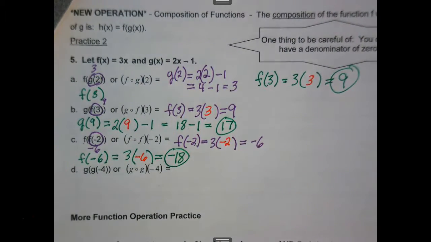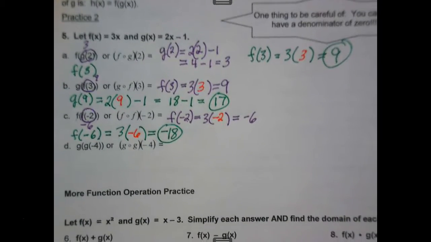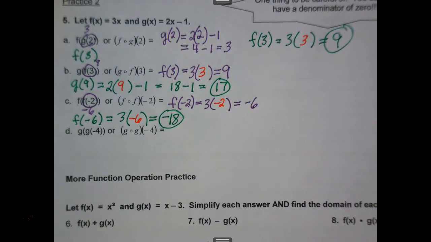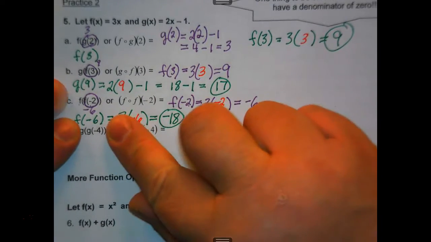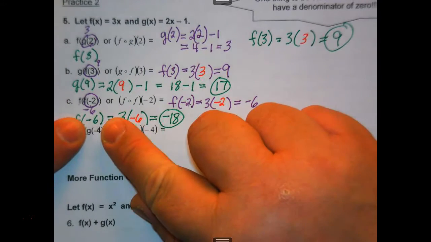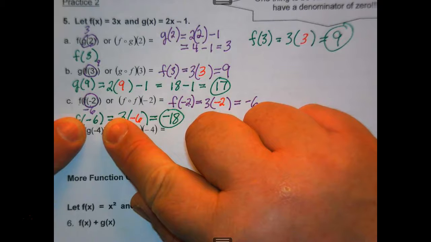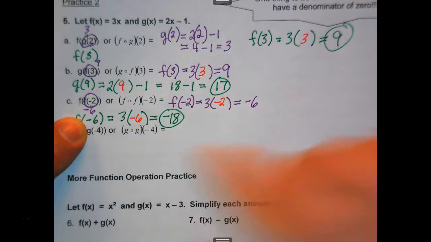Pretty easy, right? Easy peasy. Okay, D. I have g of g of negative 4. The innermost function is the g of negative 4, so I have to find the g of negative 4.